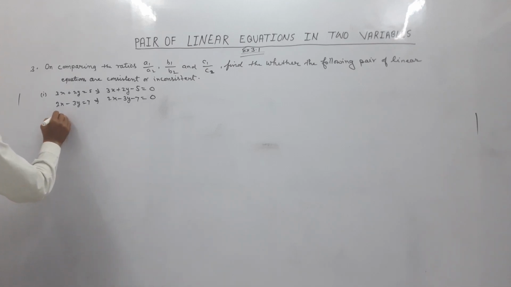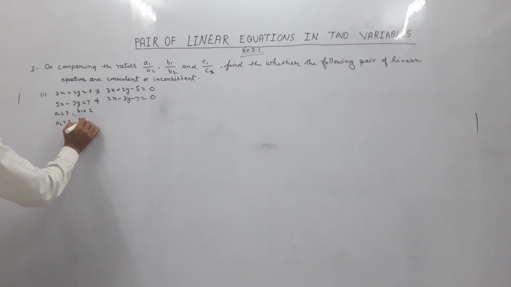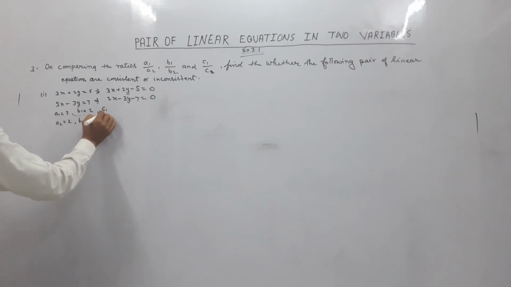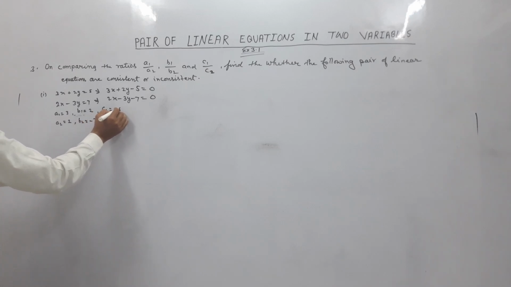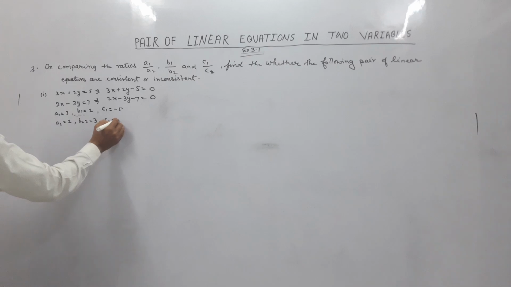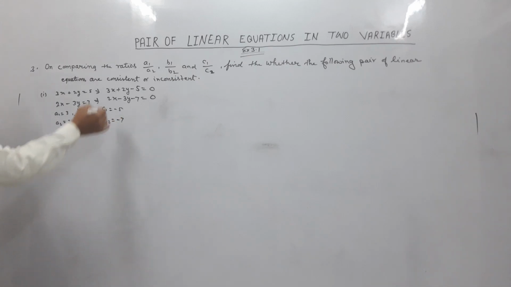Again A1 equal to 3, A2 equal to 2, B1 equal to 2, B2 equal to minus 3, C1 equal to minus 5, C2 equal to minus 7 from the standard form. Okay, this is negative.